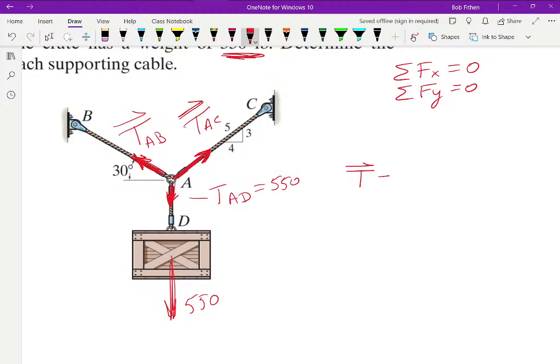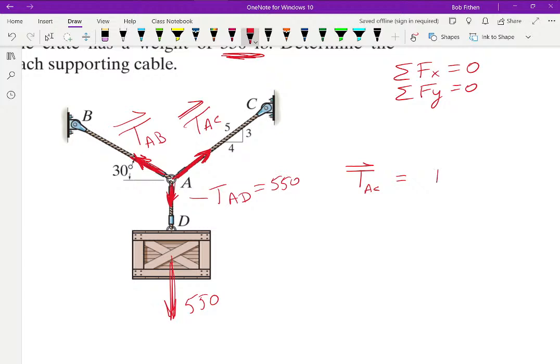So if I look at this, there is 4/5 of this. I'm going to slide this over because I'm working on TAC.